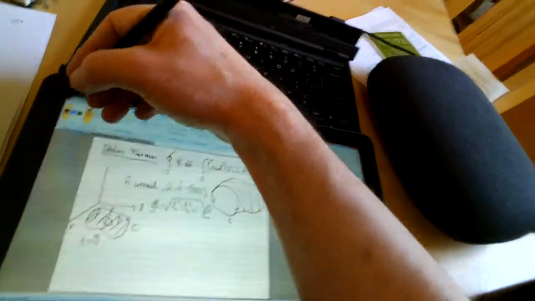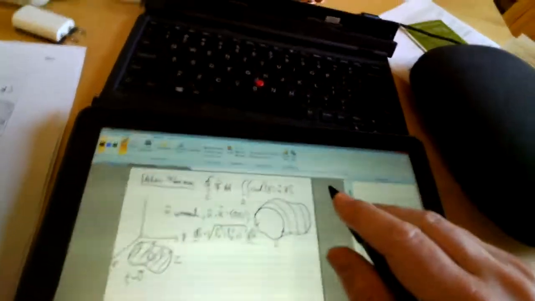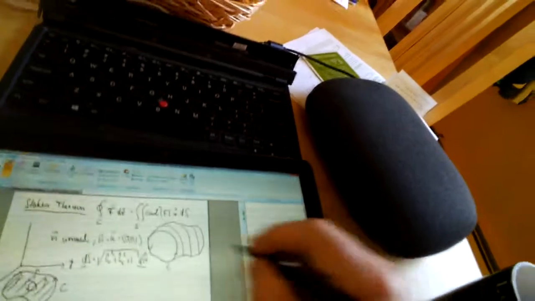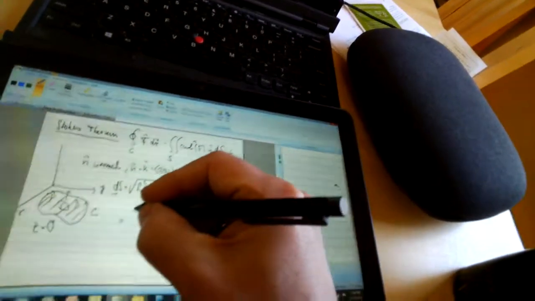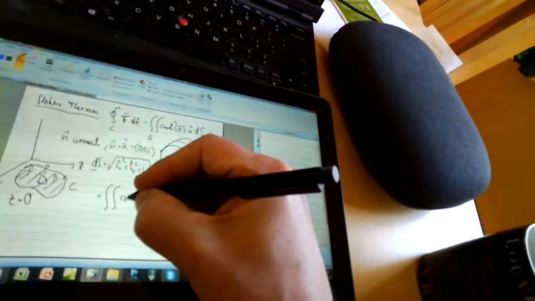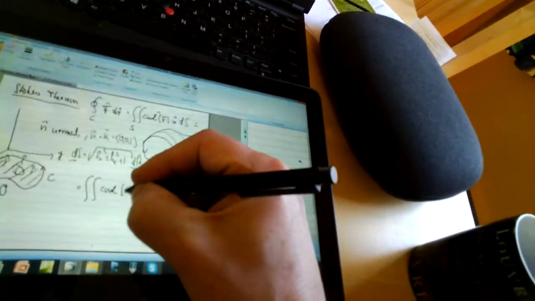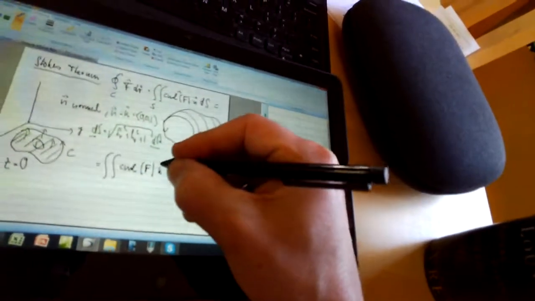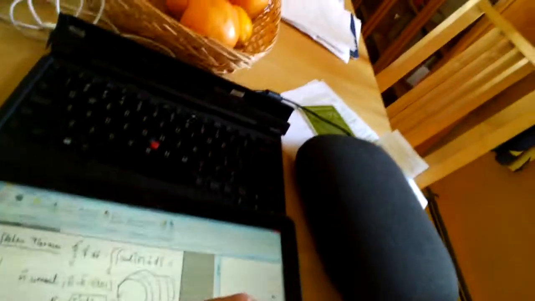All right. So that means that this theorem turns out to be the double integral of the curl of f. I didn't change this. N is turning out to be k. And the dS turned out to be the dA.